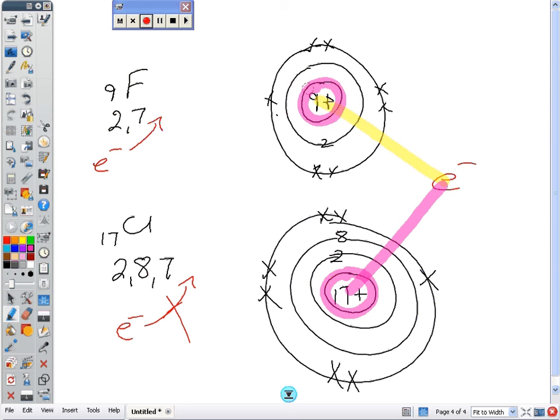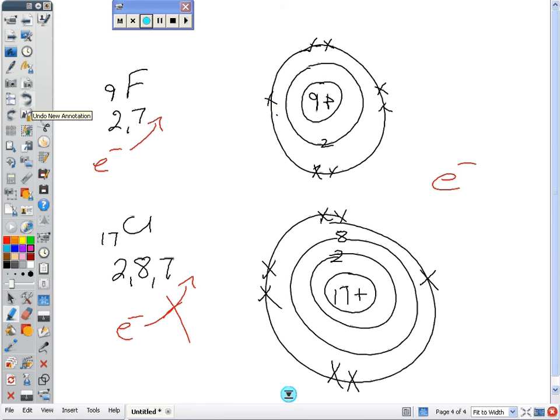But that is in fact not the way to think about it, and if you think about it in the same way as we thought about the group 1 metals, when they were trying to lose their electrons, what was the most important factor in controlling the reactivity? Well, it wasn't the number of protons in the nucleus, it was indeed the distance from the nucleus to the outer shell.